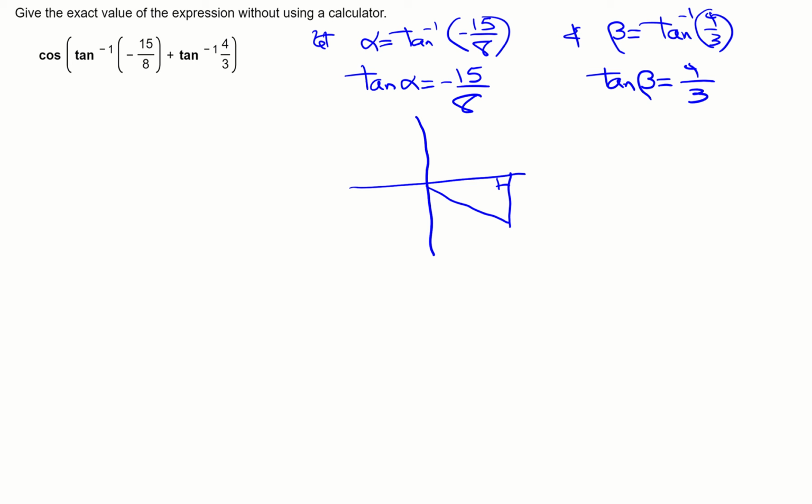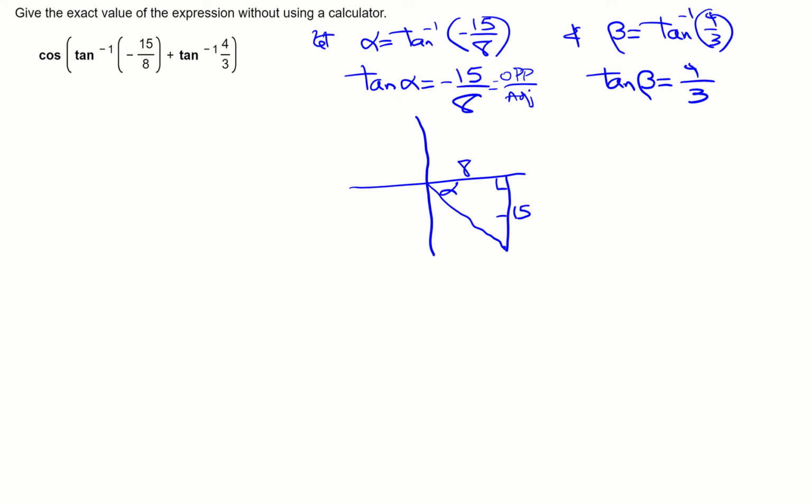The negative side will be the y value. That side needs to be longer, so it'll be maybe like this. All right, so this is alpha. We're going to have negative 15 here, and for the adjacent side, remember tangent is opposite over adjacent, so 8 will be here.